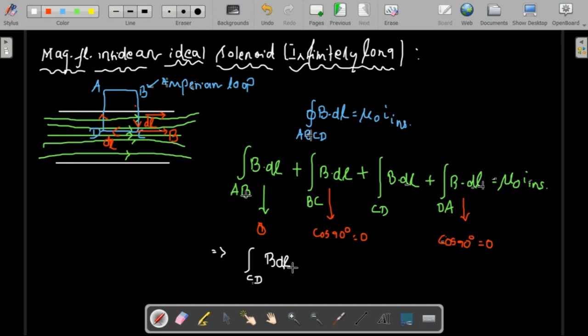B dl, cos of 180 degrees, although the magnitude is more important rather than the sign, equals mu naught into I. So this is minus B, we can take it out, dl is equal to mu naught I, right? Cos 180 is -1, so I've written it like this.